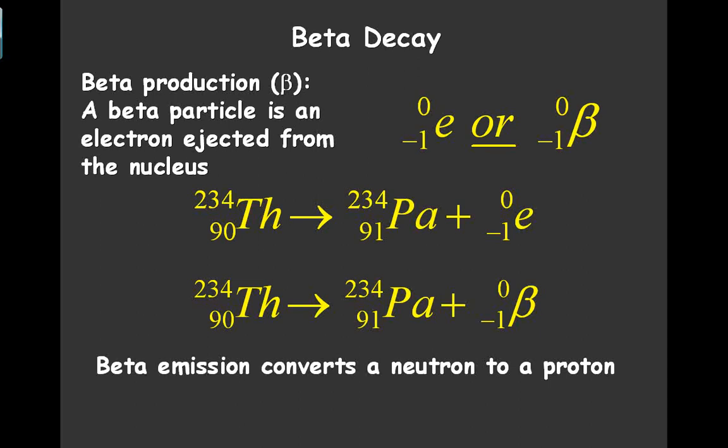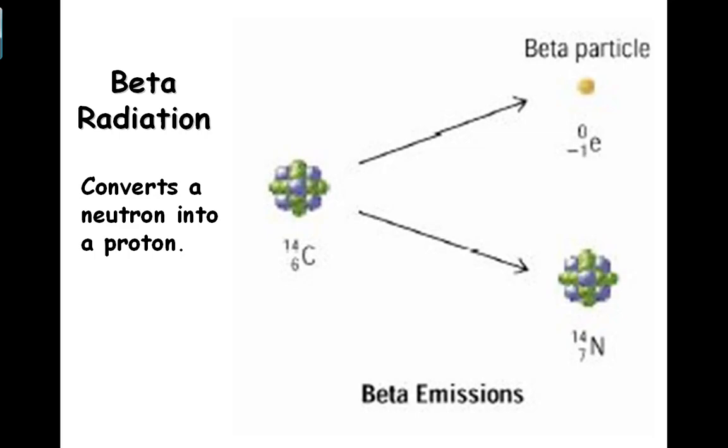And then you also form the electron, which is then given off. Now, physically speaking, here's what beta emission looks like. So you have this carbon-14, the beta particle comes out, and then you're left with nitrogen. So the atomic number again goes up by 1 because you have produced a proton in the process of emitting the beta particle. Now those are both particle emissions.